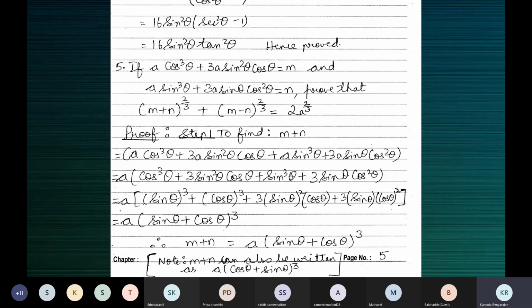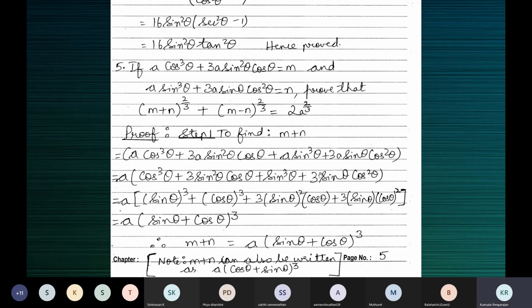So here, the terms are a cubed plus b cubed. You can see sine theta the whole cube, cos theta the whole cube. And there are some terms with 3 in them: 3 sine square theta cos theta, 3 sine theta cos square theta. So something like 3a square b, 3ab square.